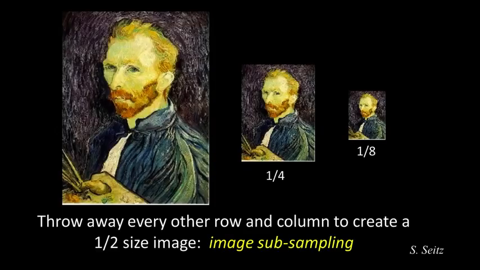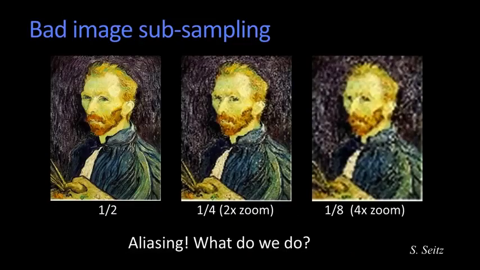Anyway, the picture on the left is the original picture. In the picture in the middle, I've thrown away every other sample, both horizontally and vertically. In the picture on the right, I've done it again. Even I can tell it's looking kind of crummy. And in fact, if I blow up that picture on the right, I see this.